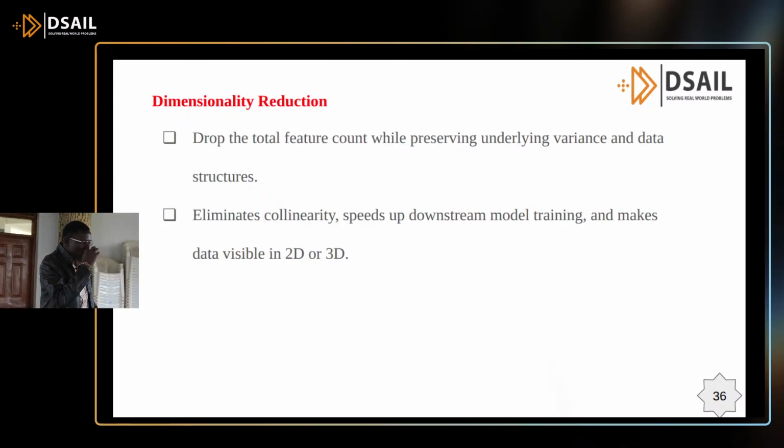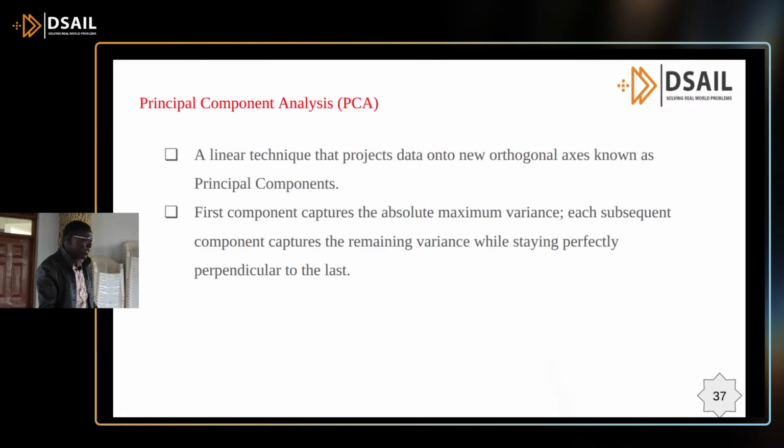So that's where dimensionality reduction comes in, and in this case, we're going to look at principal component analysis, PCA. You might have come across it. First of all, it tries to find new features from your data that are totally uncorrelated, like they are orthogonal to each other.